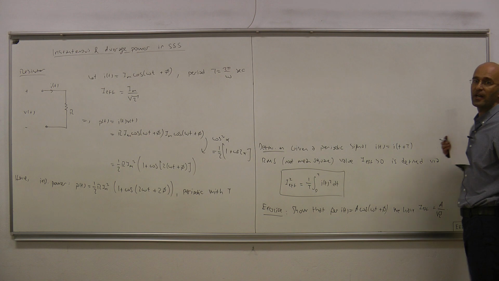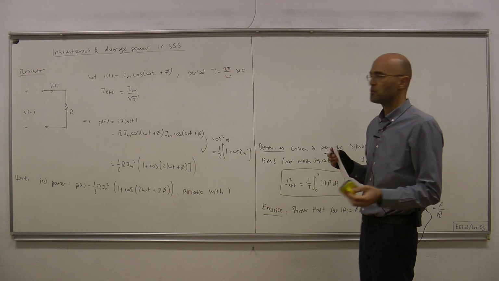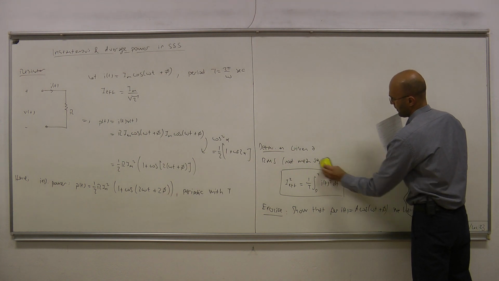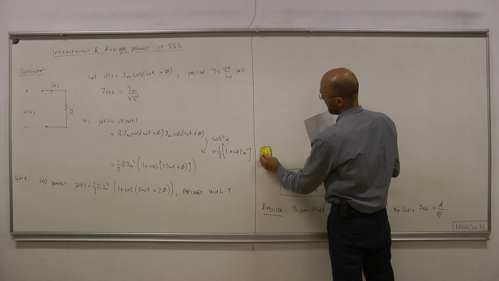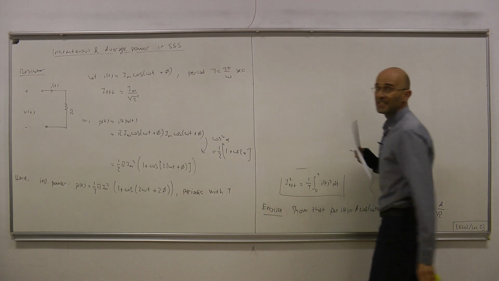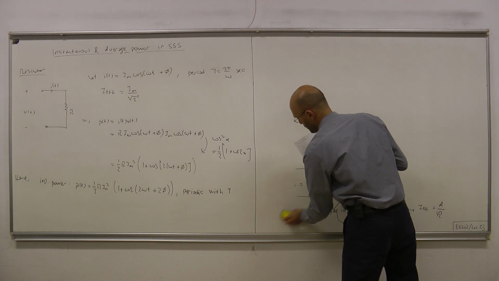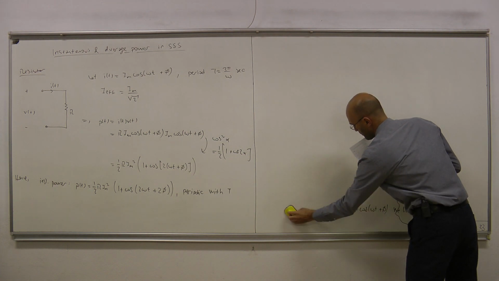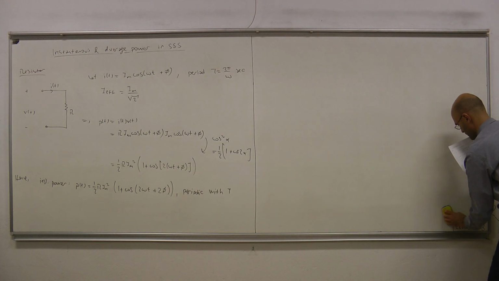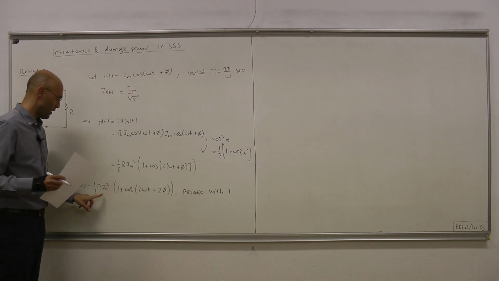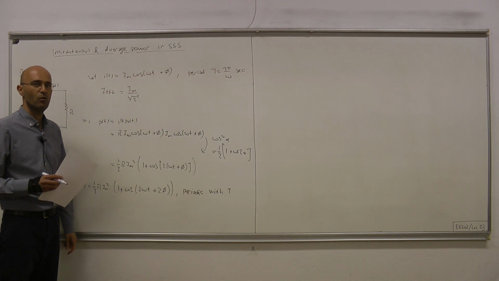And we know that purely sinusoidal signals produce zero averages. Therefore, the average power of the resistor must be the constant term of that instantaneous power expression, which is 1/2 R Im squared times 1.